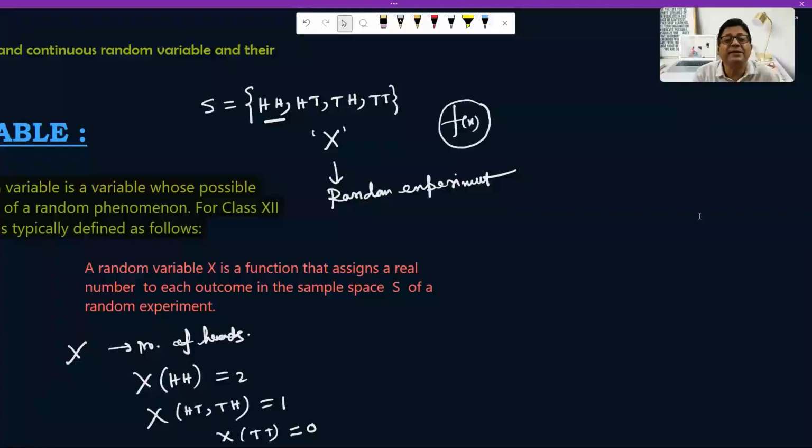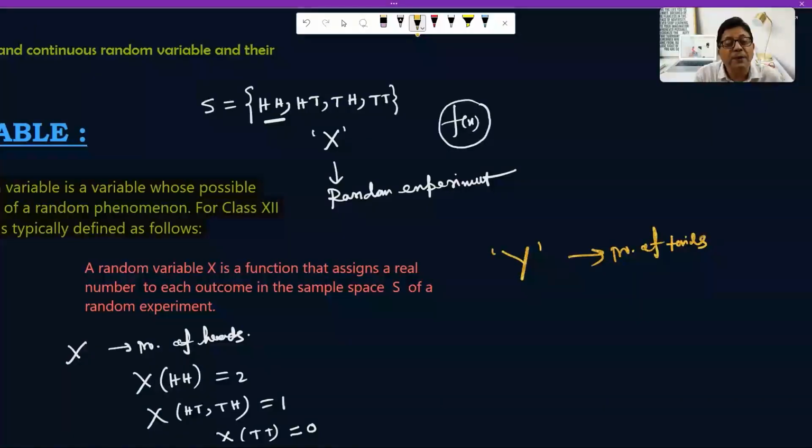Let us define it. Let's understand with the simplest example here. That random variable I am going to take as Y. Instead of X, I am taking random variable Y. Here X denotes number of heads. Here Y denotes number of tails.